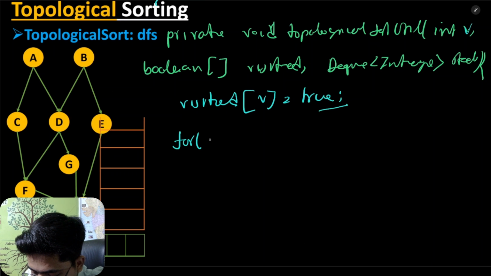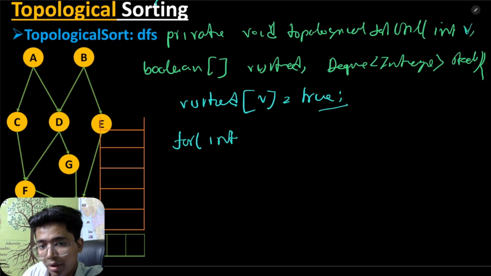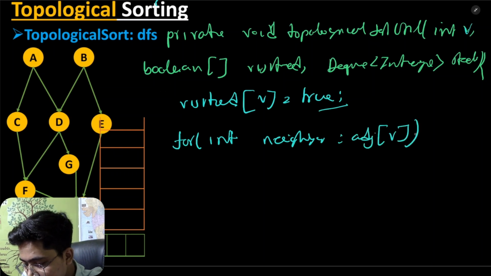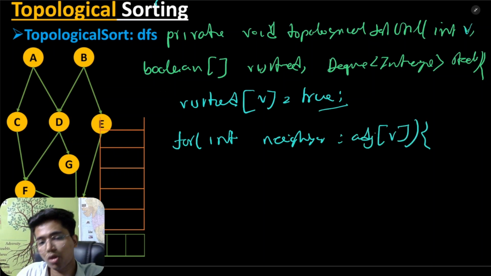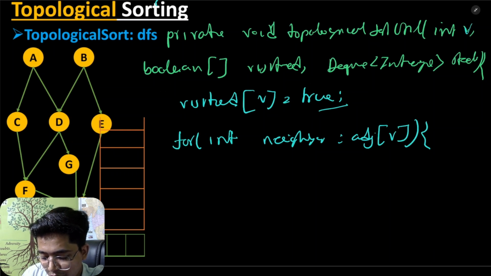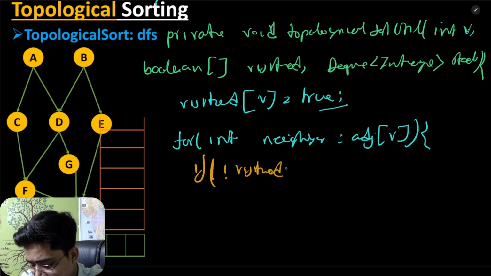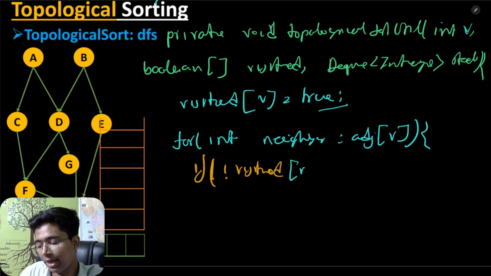For each integer neighbor in adjacency of v, we check if it's not visited, that is, if not visited of neighbor. If the neighbor is not visited, then we perform the same function recursively.